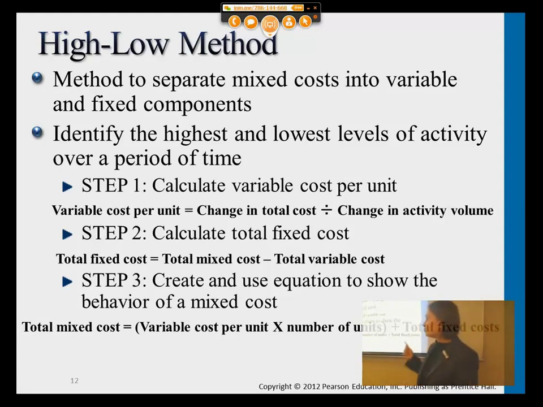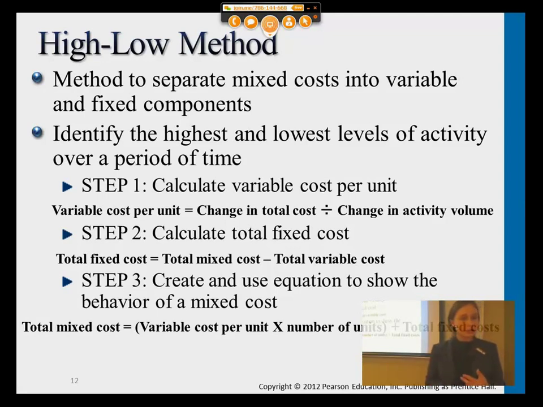In cost accounting, you would do much more complex and difficult computations. This is something to approximate the cost. We're going to identify which is our highest activity and which one is the lowest level of activity.